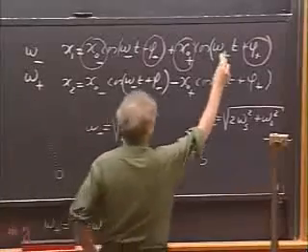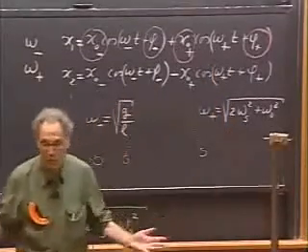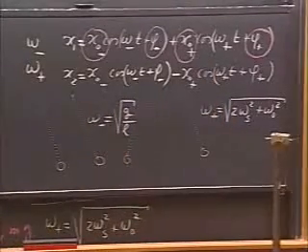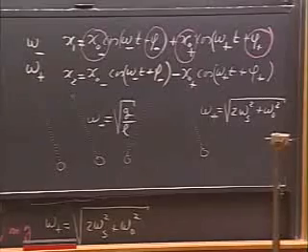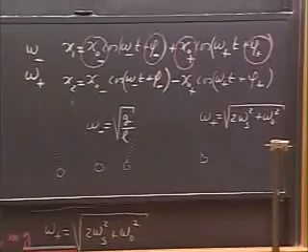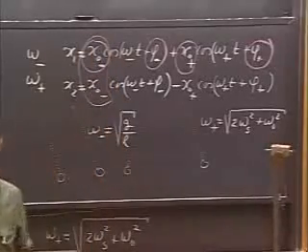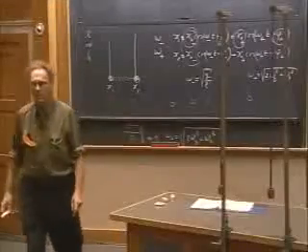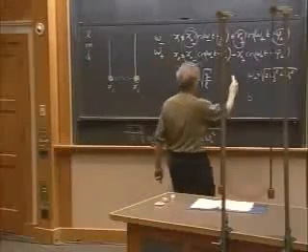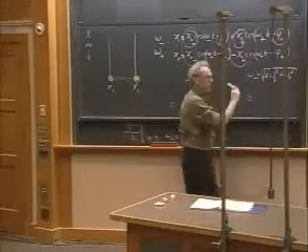Independent of the initial condition is omega plus, that's this one. I never put in any initial conditions. Independent of the initial conditions is this ratio, which is +1. And independent of the initial conditions is this ratio, that is -1.